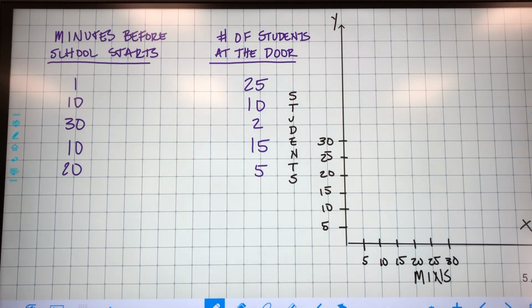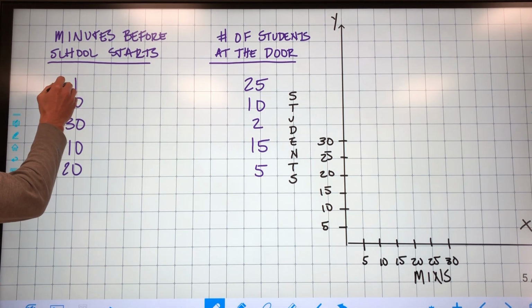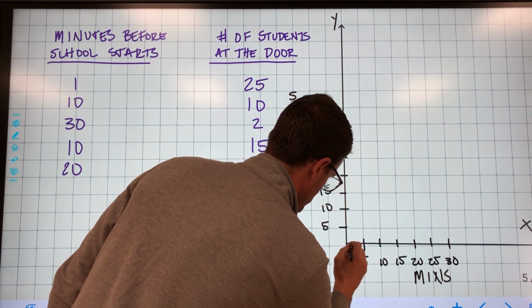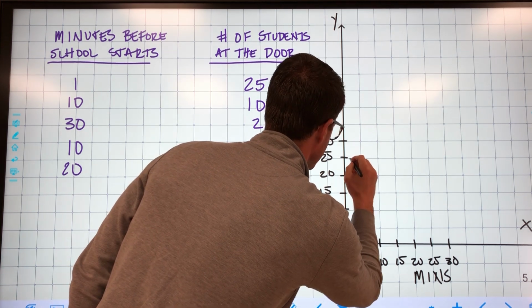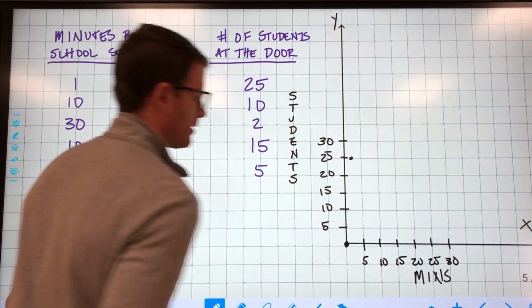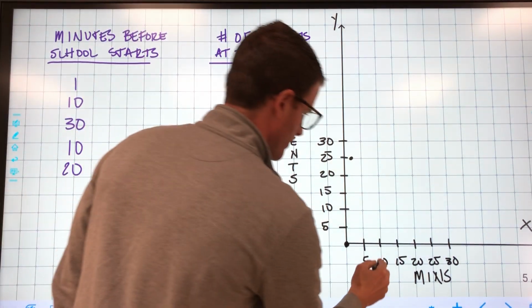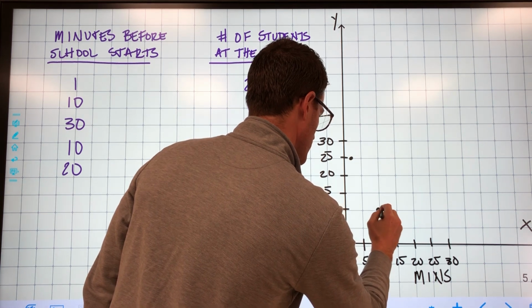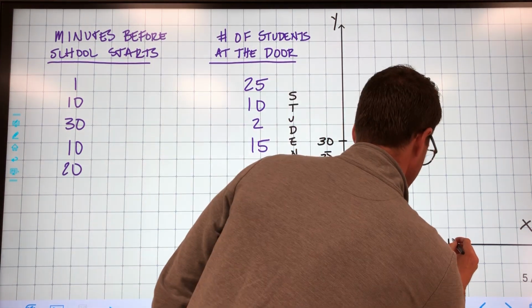Okay, so here we go. Let's chart our input and output pairs. So 1, 25. So 1 would be real close here to 0. So I'll go 1, and there's 25 students. So we'll say that's right about there. All right. When I show up 10 minutes before school starts, there's 10. So 10 minutes before school starts, 10. That's there. 30 minutes before school starts, there's only 2 students.